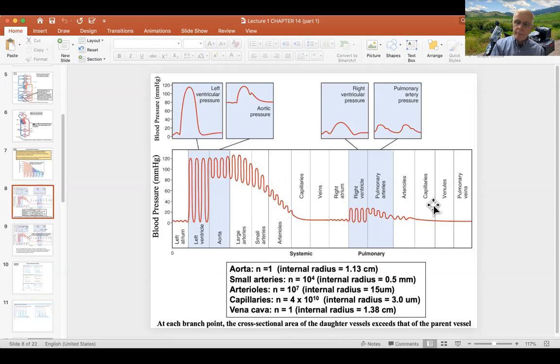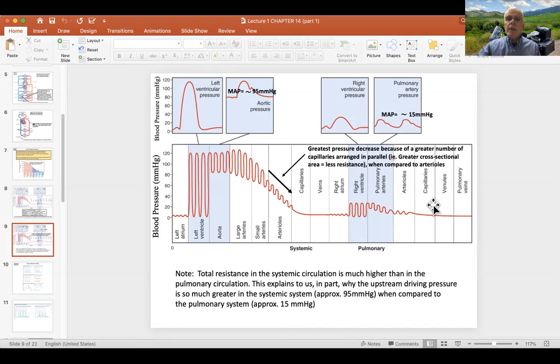Okay. I pasted a couple of things on there which are useful. The mean arterial pressure in the aorta, maybe a textbook value, that's what that symbol there means, approximately about 95 millimeters of mercury. Comparing it with the pulmonary circuit, you can see that the mean arterial pressure is only about 15 millimeters of mercury pressure. That's astonishing, and you need to know that.